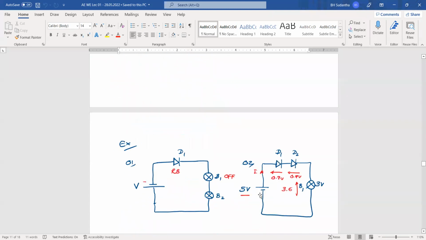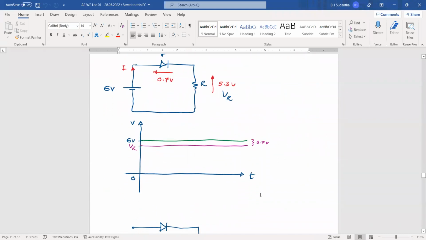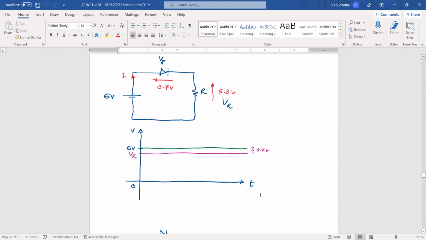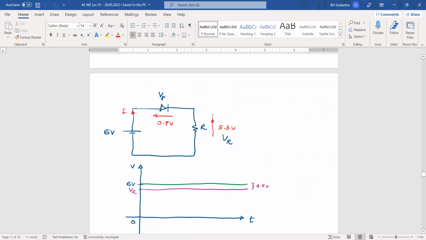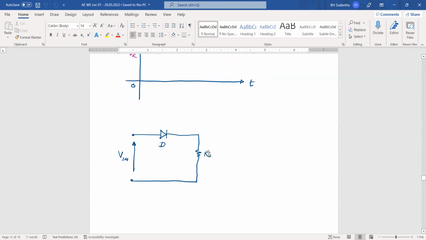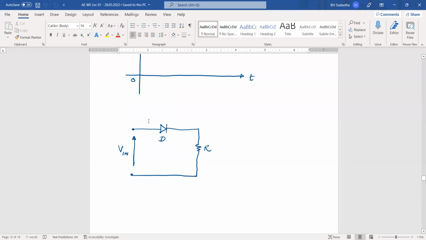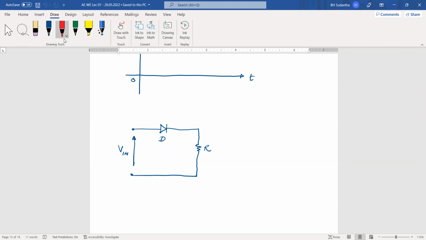Finally, we discussed these waveforms, and again we have some calculations. After deducting 0.7 volts from the input voltage, we can find the output voltage of the diode, and across the resistor we can see 5.3 volts. The same applies for this one also. We have the voltage drop across the diode, this is the diode voltage, and this is the resistor voltage.